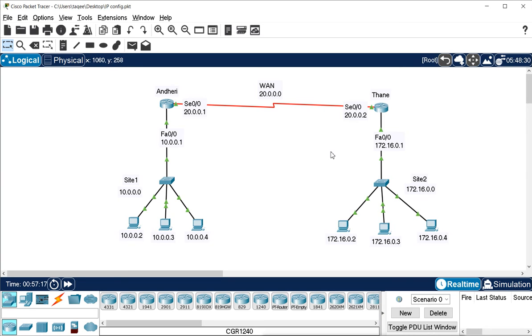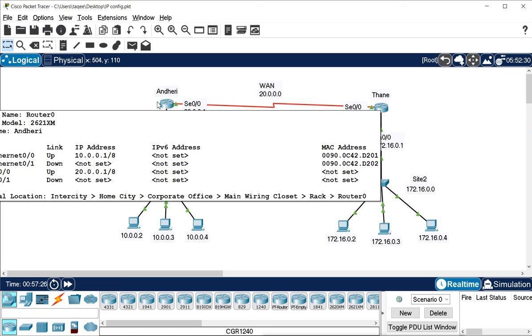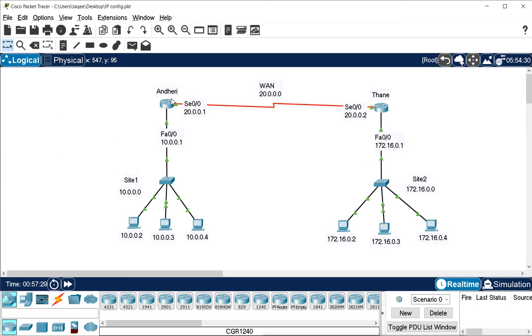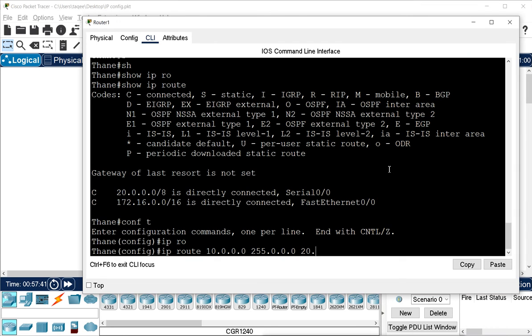So we will go from this serial interface, and we will reach the Andheri first. Remember, the first router we will get is Andheri, and this is our first hop. On this first hop, we will enter from this serial interface, and this is the IP address we will get, 20.0.0.1. So I will mention here 20.0.0.1.